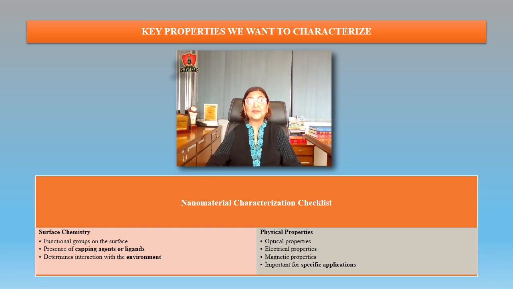Sixth is surface chemistry. For nanomaterials, we need to know what functional groups are on the surface. Are there capping agents or ligands attached? This determines how the nanoparticles interact with the environment.